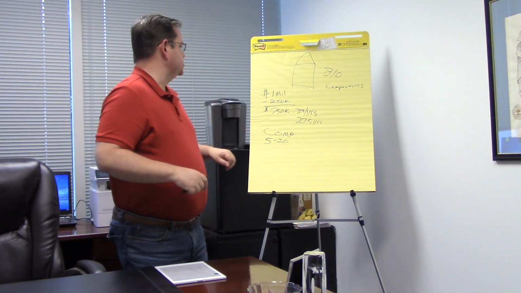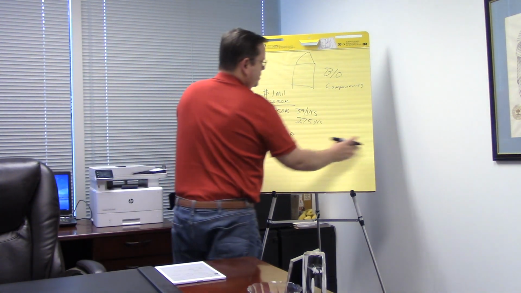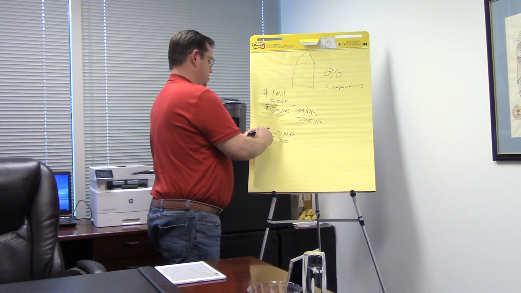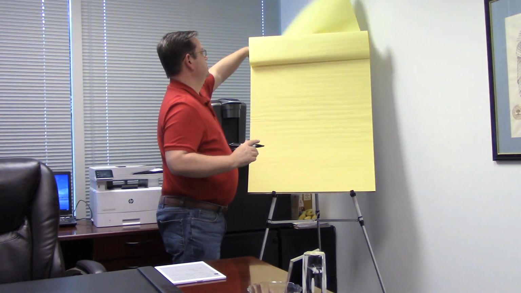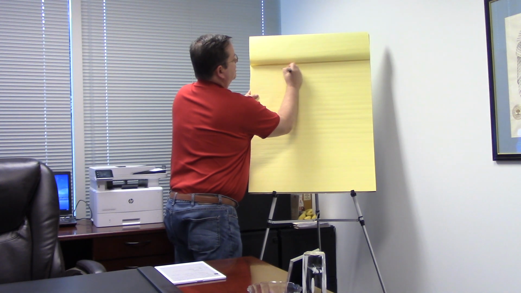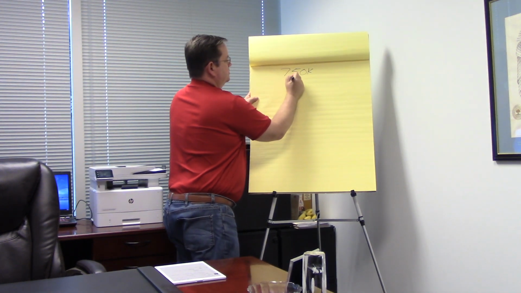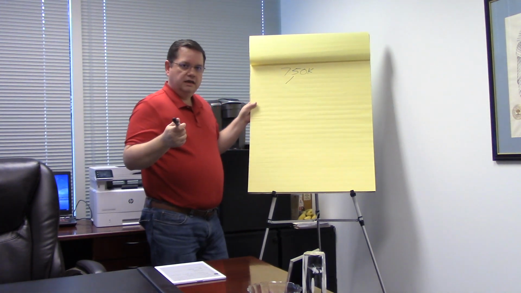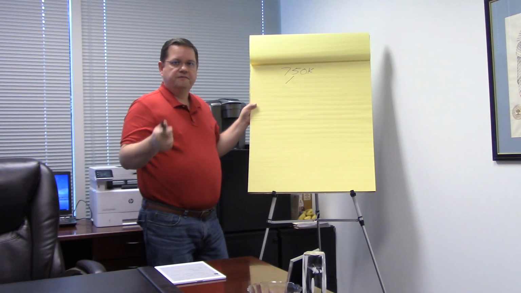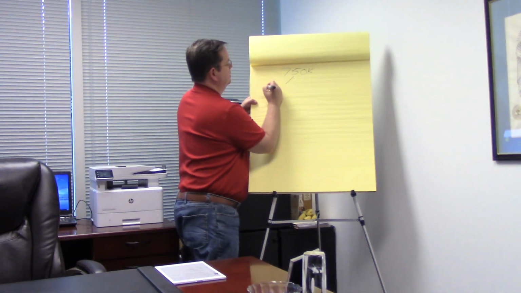So let's just assume if we did a cost segregation study, here we've got, let's go to a new page, a depreciable basis of $750,000. Well, let's just say that we did a segregation study, and by the way, these cost between $3,000 to $5,000 to do, so you're only going to do this for a large building.